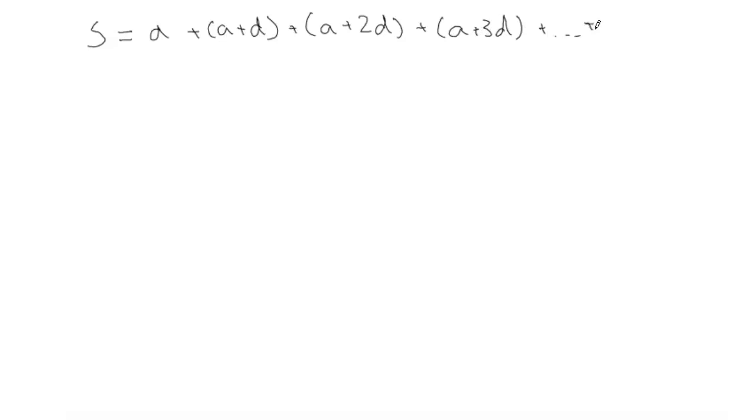So how would one calculate the sum of such a series? So let's say S is equal to the sum of A plus A plus D plus A plus 2D plus A plus 3D all the way until plus A plus (N minus 1)D.